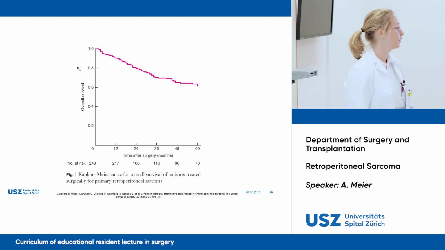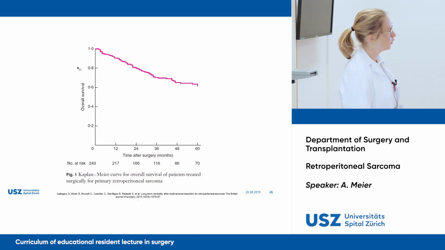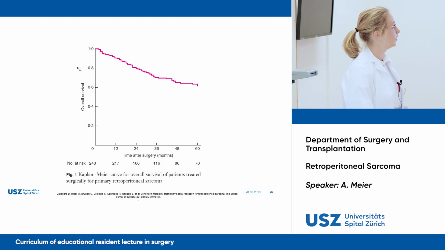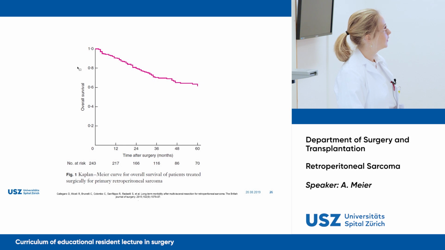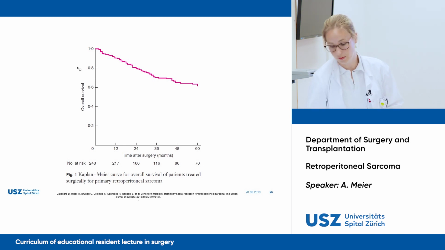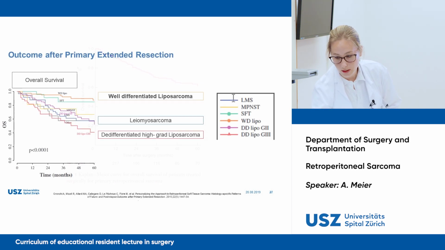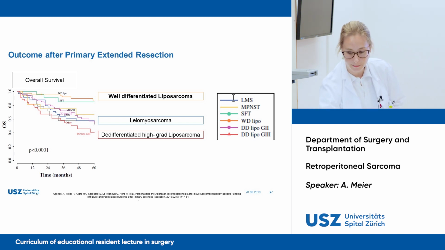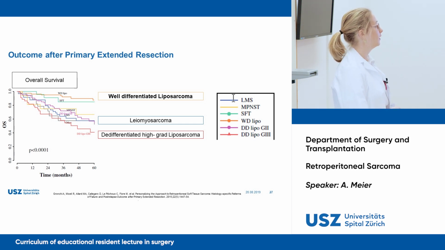This is a Kaplan-Meier curve for patients who underwent primary surgical resection, and you see that after 48 months, there's about 60% overall survival. Looking at this after primary extended resection in more detail, we see the overall survival of the different histological types, and I just want to focus on the ones we had before.